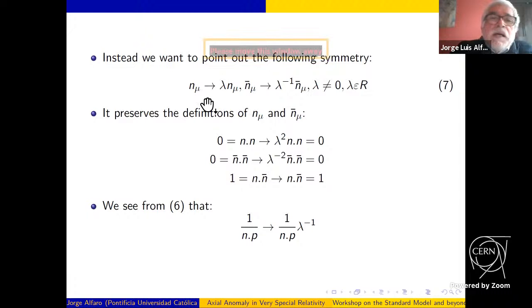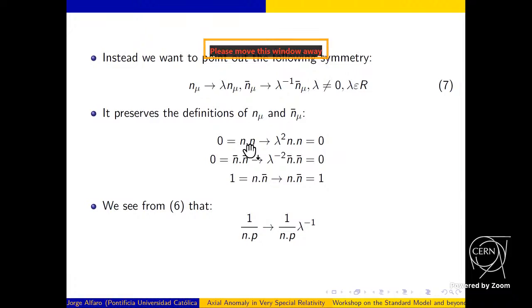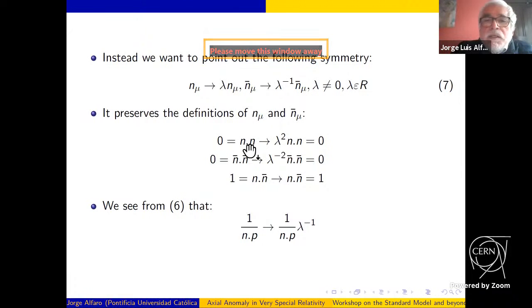If you scale n^μ by a factor λ, and simultaneously you scale n̄^μ by the inverse of that factor, with λ different from 0 and λ real, it preserves all the properties between n^μ and n̄^μ. For instance, if we start with the null vector n, the scaled vector is also null.